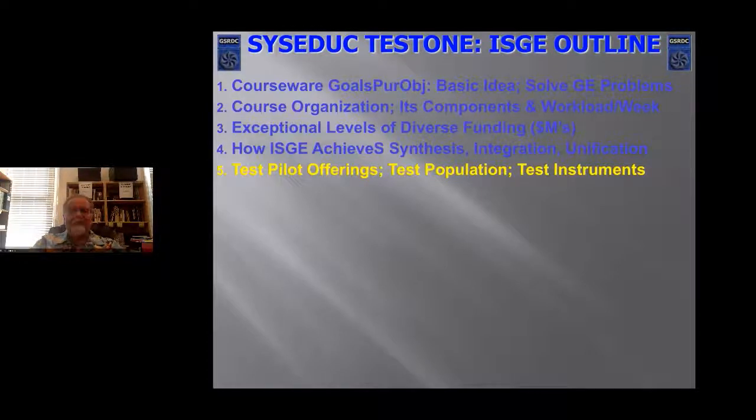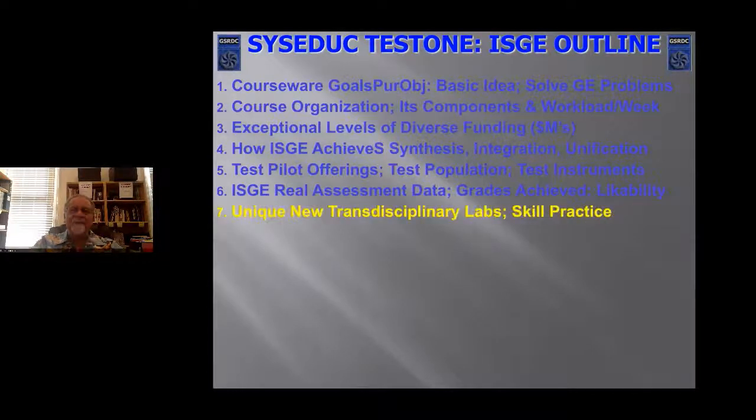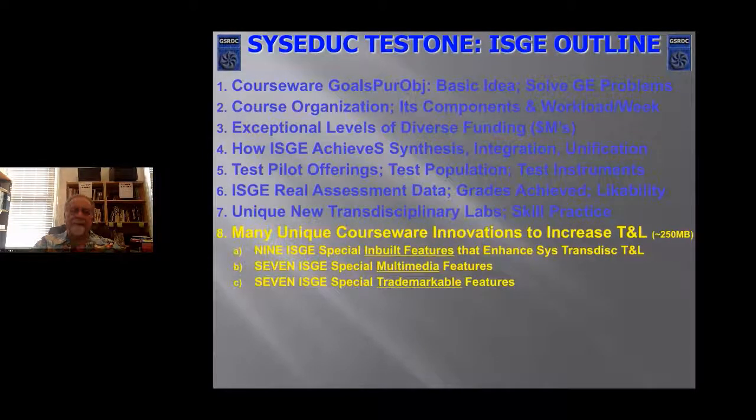The test pilot offerings, what the test population was like, what the test instruments were like, the real assessment data, the grades achieved, the likability by the students, and then added things like the unique new transdisciplinary labs and skill practice. We'll also go over unique courseware innovations, and I'll illustrate them for you in about 30 videos, which is more than 250 megabytes of stuff.